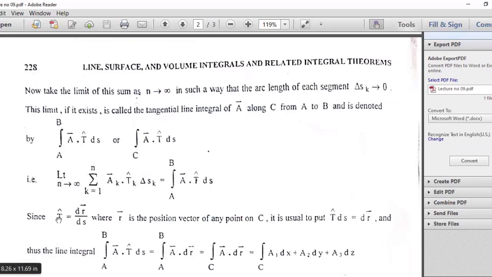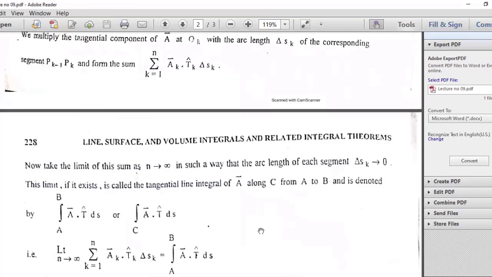Since T, the unit tangent vector, is equal to dr over ds, this is the formula, T is equal to dr over ds, and r is the position vector of any point on C. Students, in the previous lecture you studied what r is.